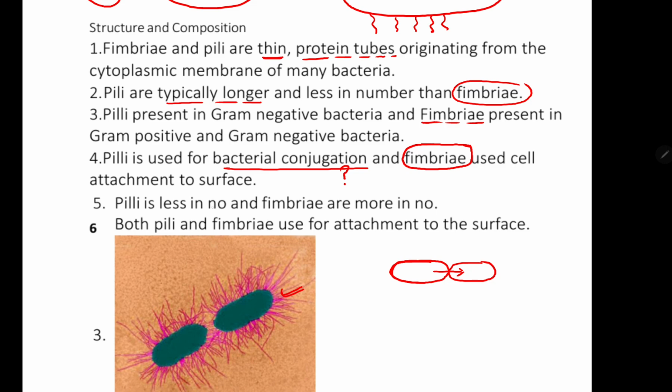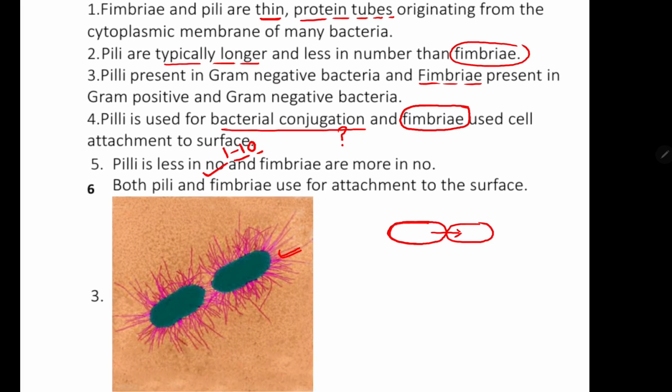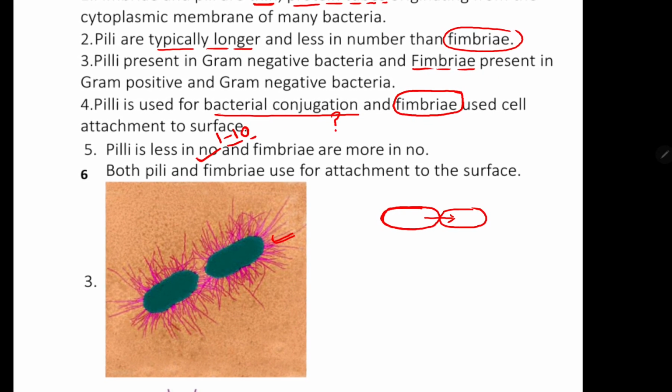Pilli is comparatively less in number, generally 1 to 10 in one bacteria, but Fimbria will be several hundred in number. You see, all these smaller structures are Fimbria.